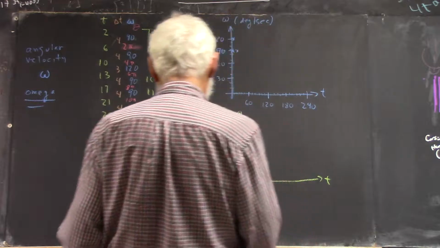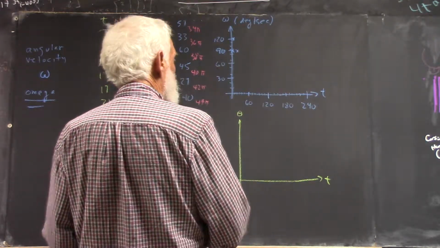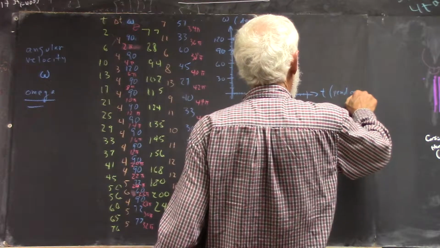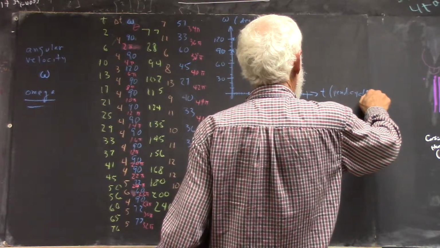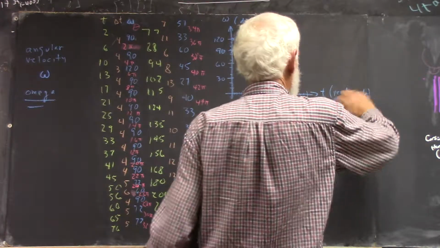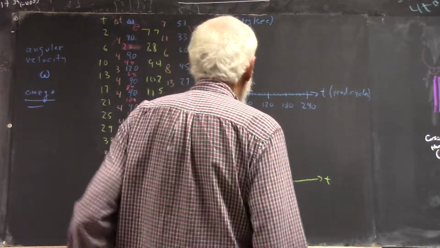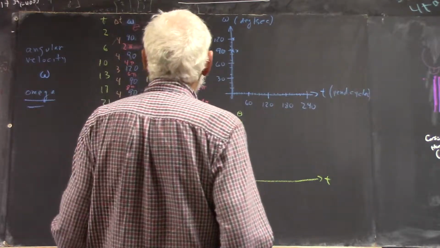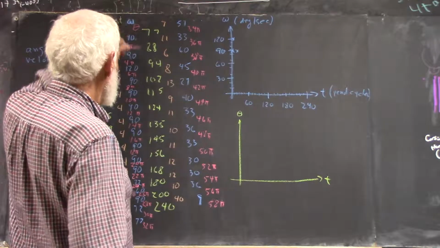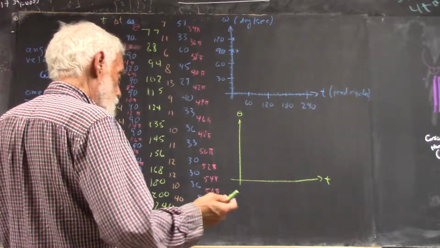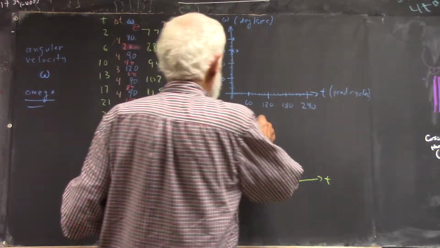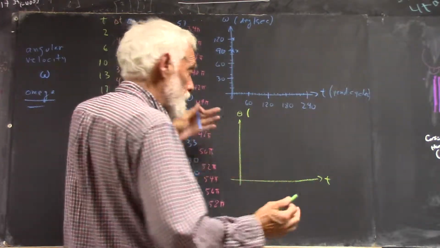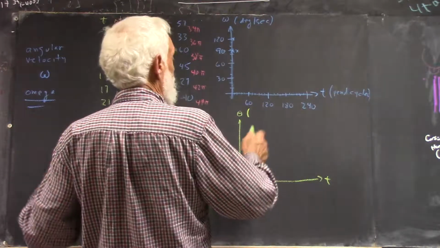We do omega in radians per second versus t in pendulum cycles. Kind of ran out of board there. And then we're going to do theta, which was in red here, and I probably should have used the red, but I think I did this kind of hurriedly after we were told to stop class, okay?